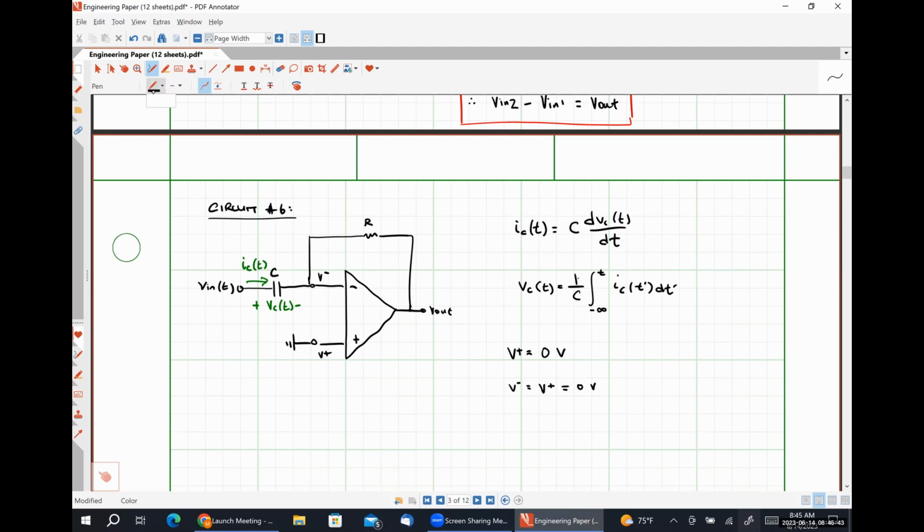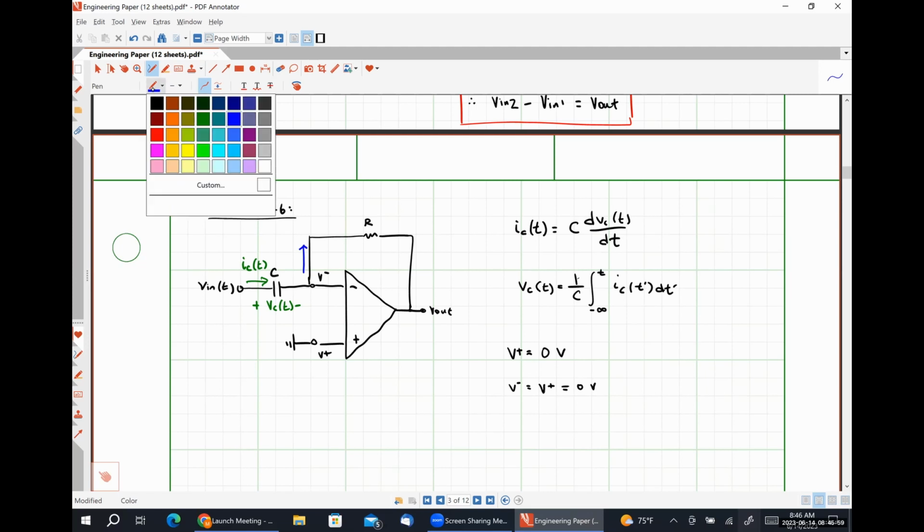I'm going to apply Kirchhoff's current law again. I'm going to do it a little bit differently, just based on the direction of IC of t that I've established. So I'm going to say that IC of t is flowing into this node, so it must be equal to this current flowing out.